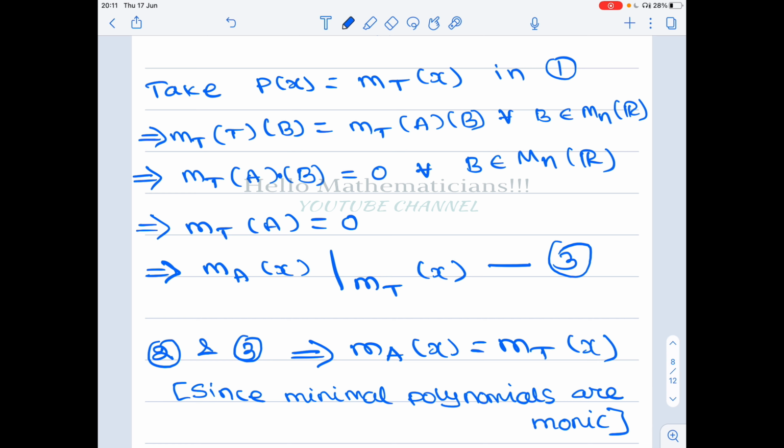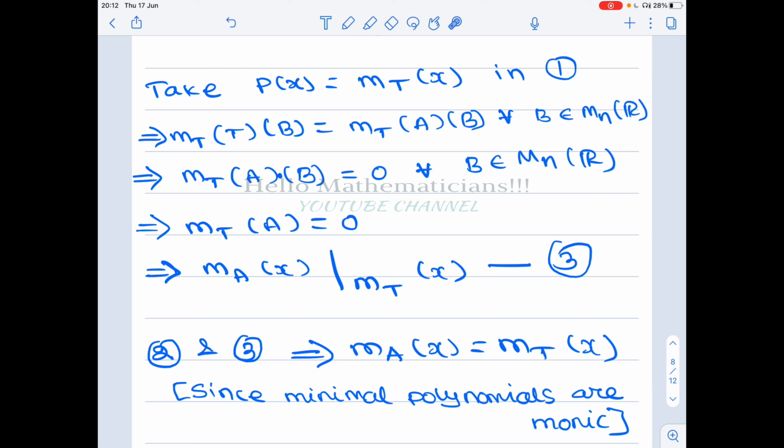So this matrix times B equals 0 for all B belongs to M n R. So MT of A is an n by n matrix that satisfies the condition: if you multiply any matrix B with MT of A, you get the 0 matrix. What does that mean? The only matrix satisfying this property is the 0 matrix. MT of A is a 0 matrix.